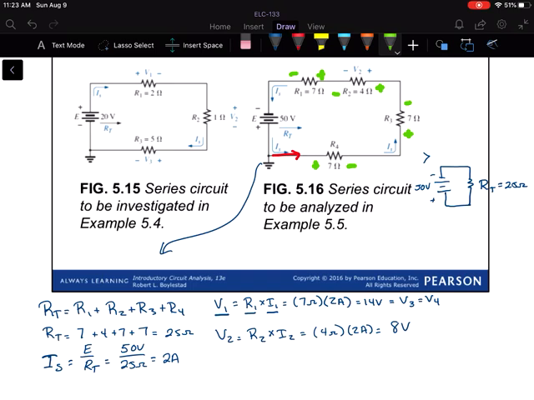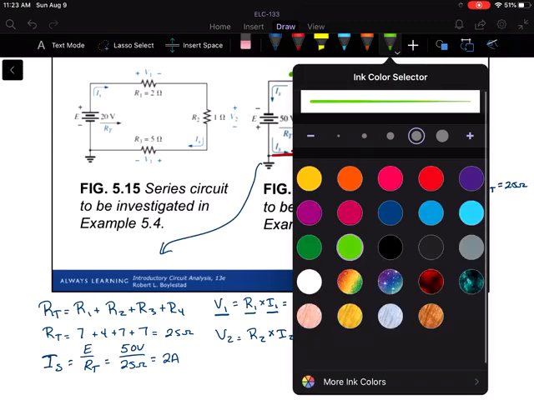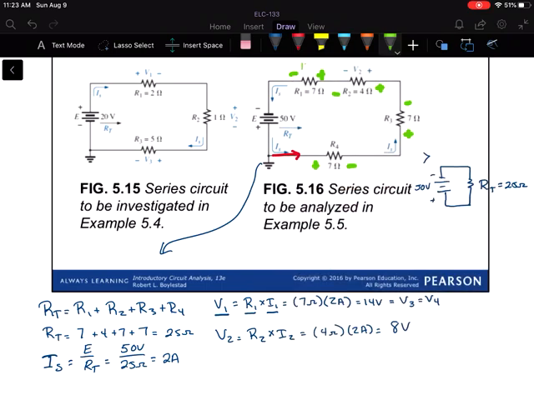So if V1 is 14 volts, and V2 was 8 volts, and our V3 is 14 and 14. So there are our voltage drops.